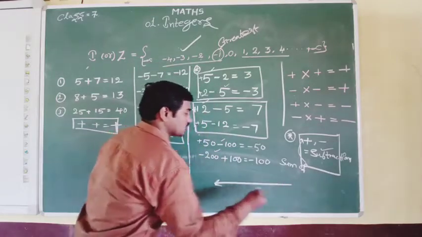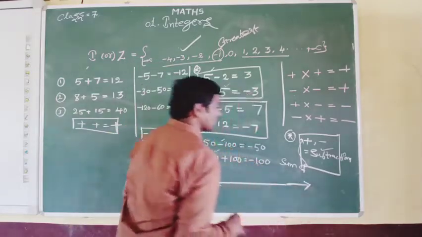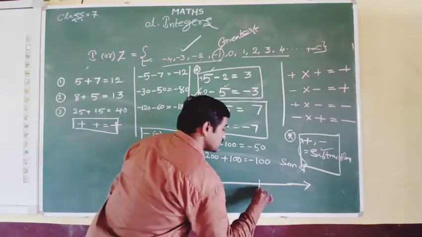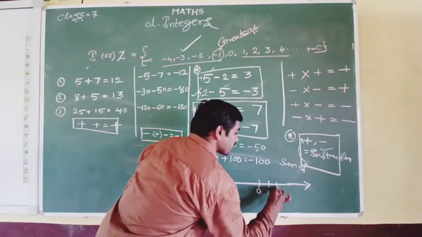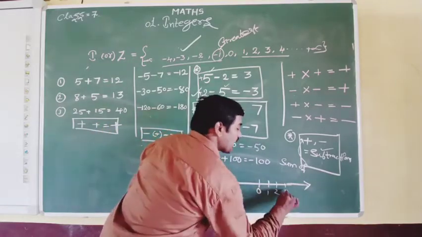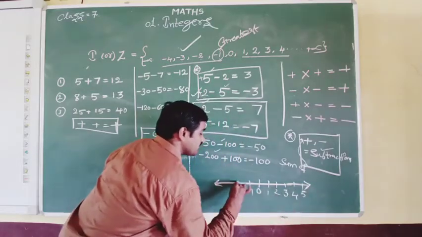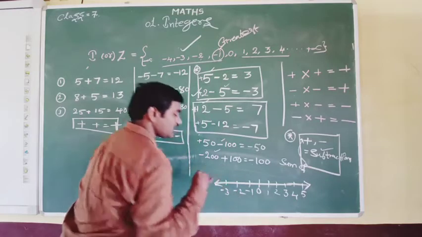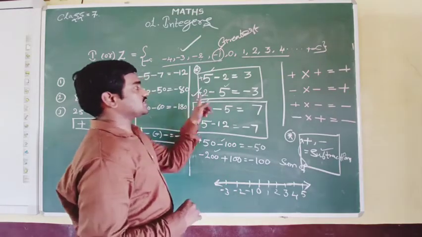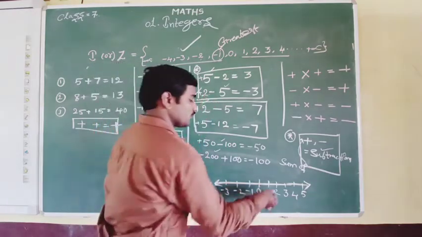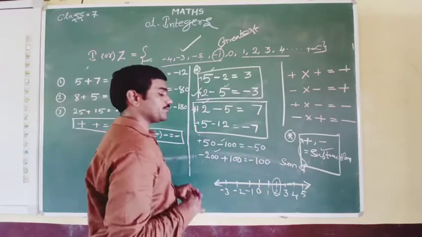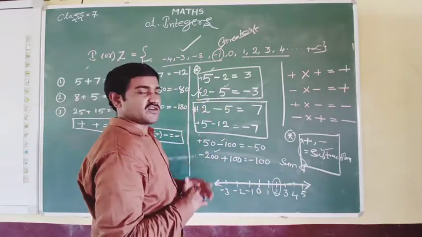Let me do only one question on the number line. Suppose the second question I will do. Here is the integer number line. At 0, on the right side there will be positive numbers. At 0, on the left side there will be negative numbers. First let us see plus 2. 2 is located here. Plus 2, minus 5.